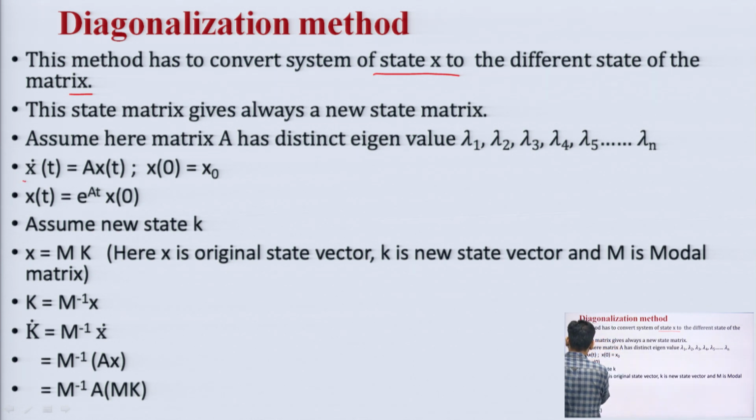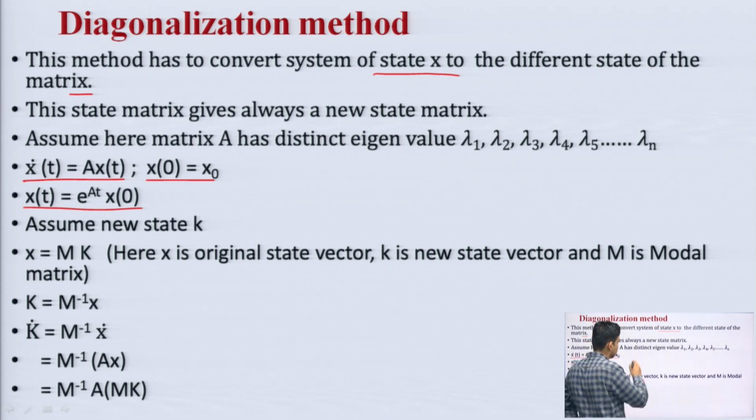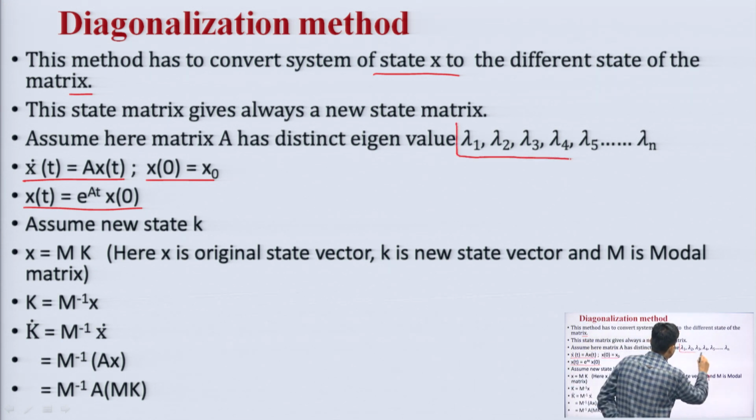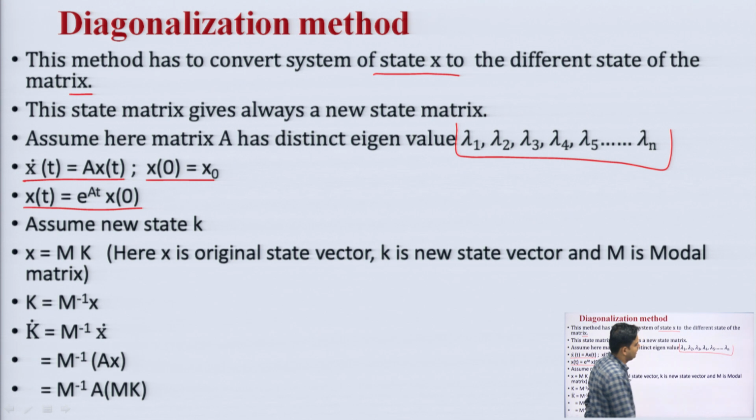So, x dot t equal to A x t, we are assuming that the initial value x 0 equal to x naught. This is my previous solution, x t equal to e of A t x 0. Whenever my external input is 0, I am assuming that this A matrix has different eigenvalues lambda 1, lambda 2, lambda 3, till lambda n. Okay.